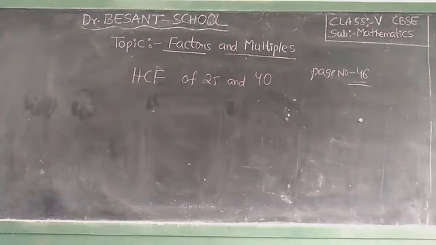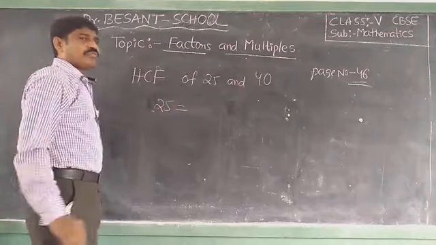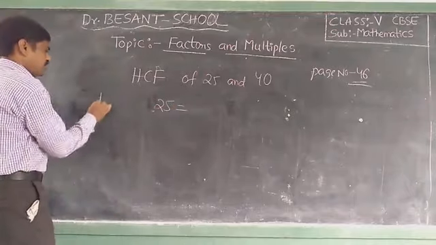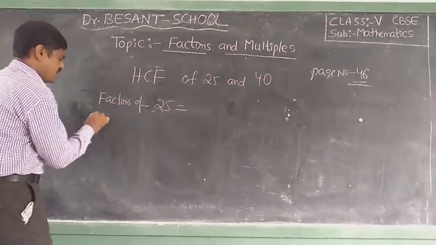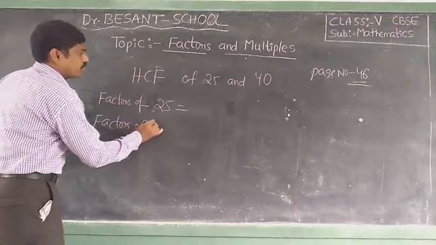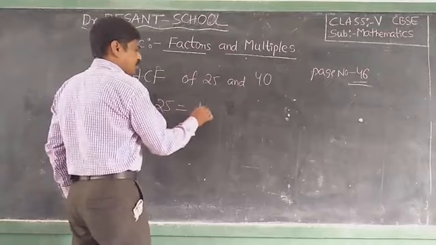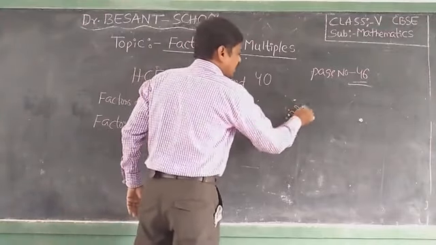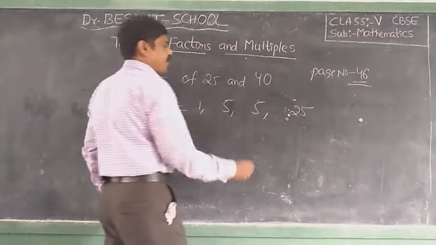So 25, what about the factors of 25? Factors of 25, factors of 40. 1 twenty-fives are 25, 5 fives are 25, nothing else.